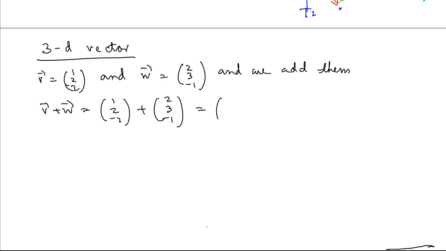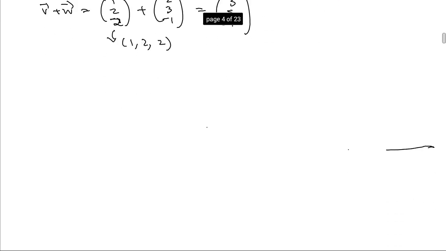So you get 3, 5, and I think we have here 2, right? This is 2, 1, right? So of course sometimes, as I mentioned, we can write these vectors as this. It makes the notation clear. But let's try to represent how would it look like on the actual three-dimensional drawing, right?